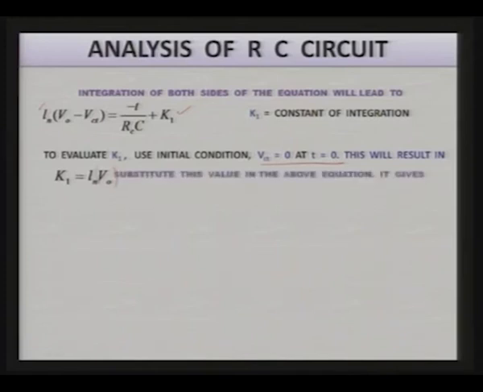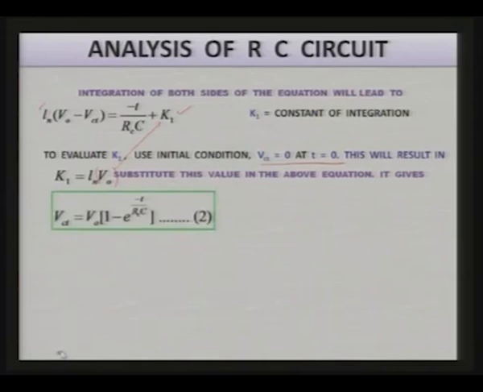Then you can substitute this value of k 1 in the earlier equation, and it will give you V c t is equal to V 0, that is the supply voltage, times 1 minus e raised to power minus t over R c C, and with the help of this particular equation you can find out the voltage in the charging circuit.